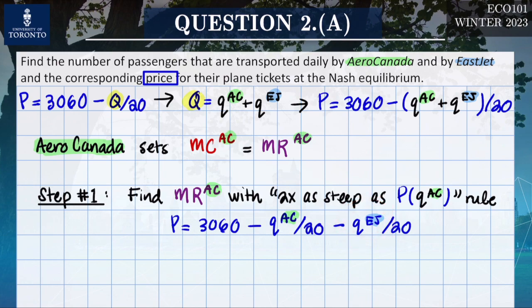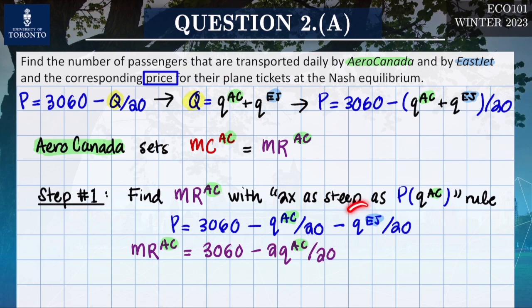It's just a number because Aero Canada cannot change this variable. And knowing that, let's write our marginal revenue function for Aero Canada. We're going to keep the same intercept, 3060, and then here we use our twice as steep rule. We will multiply the slope of this function by 2, so we get 2 times the quantity that Aero Canada produces divided by 20.